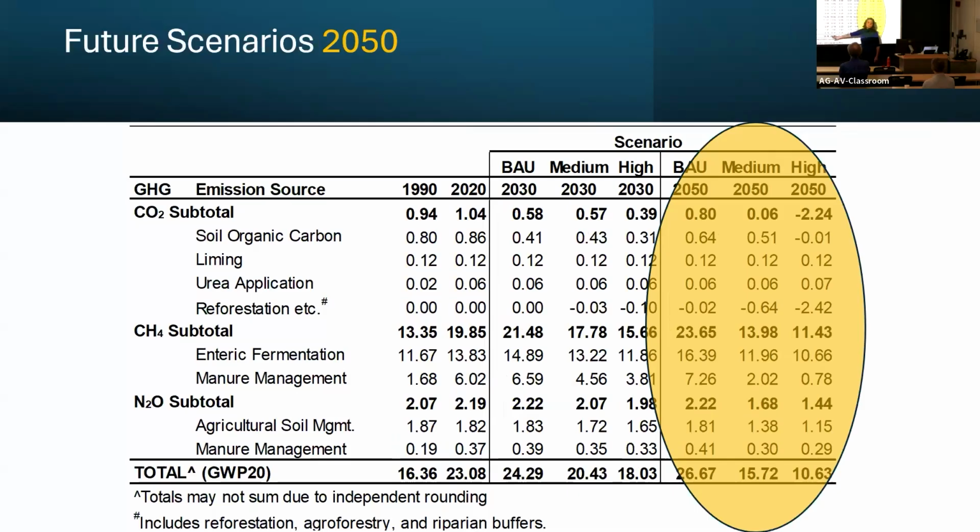In 2020, we were at 23 million metric tons, right? So we're increasing if we don't do something, if we don't have policies to reduce emissions. In the high scenario, we think we can get down to over 10 million metric tons of greenhouse gases, right? And you can see that this is less than the 1990 level.